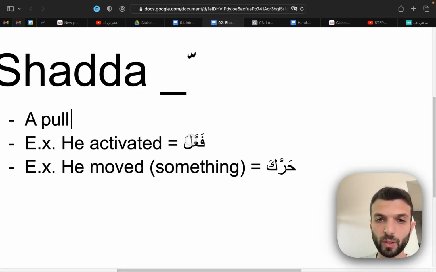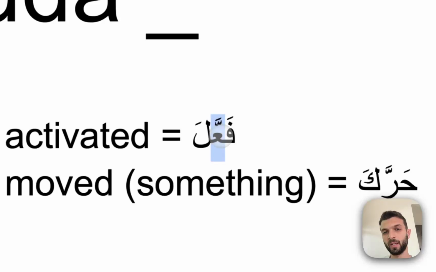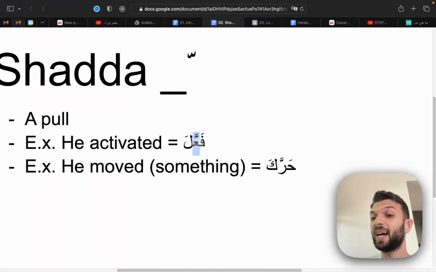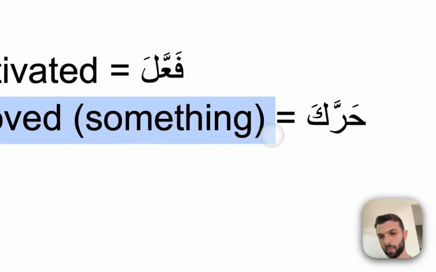So in this case, for example, fa'ala, it's combined with a fatha. So it's fa, and I'm enunciating on the ain, on the consonant sound. Fa'ala. Okay? He moved something or someone.